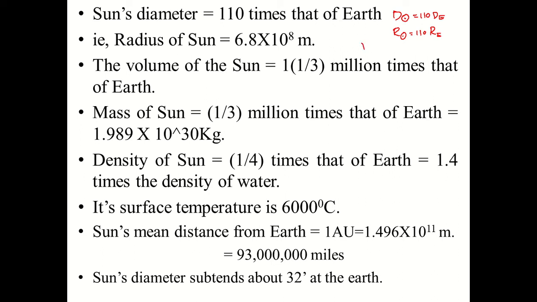You know the radius of earth is 6,400 kilometers. So 110 times that, the radius of the sun, comes to around 6.8 into 10 raised to 8 meters, or 6.8 into 10 raised to 5 kilometers.